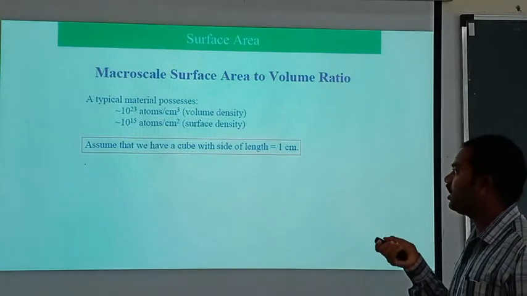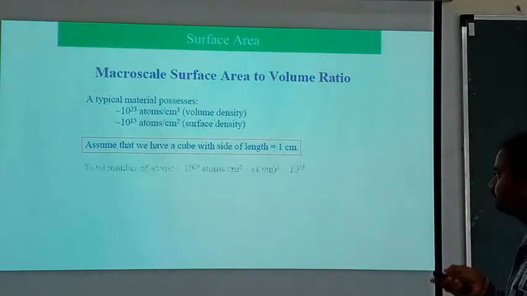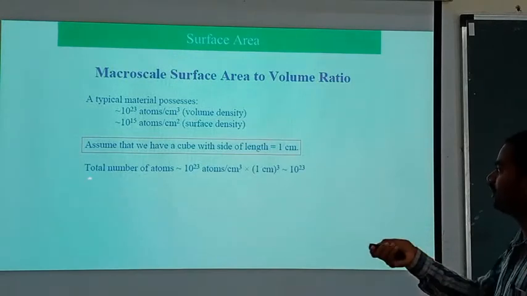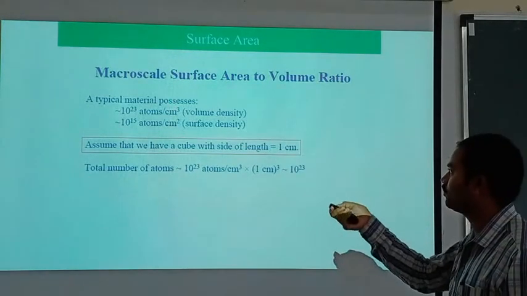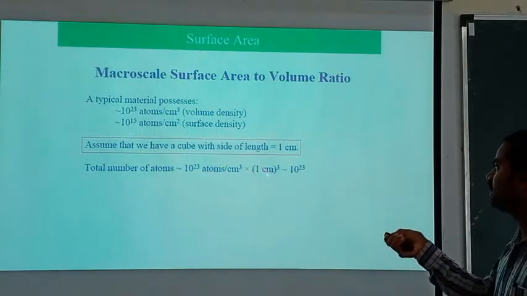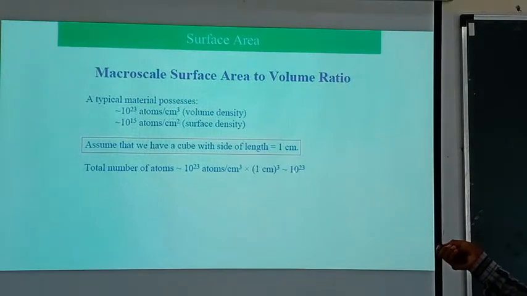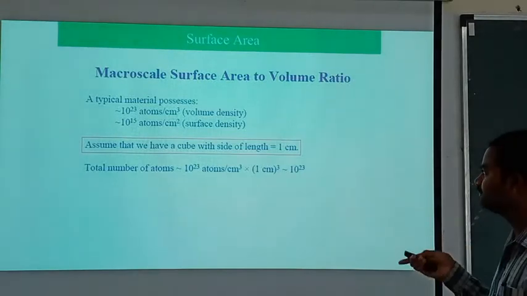So assume that we have a cube with side length of 1 centimeter. We can calculate the total number of atoms: 10²³ into 1 centimeter cube, because we are considering the cube. So the total number of atoms is 10²³.